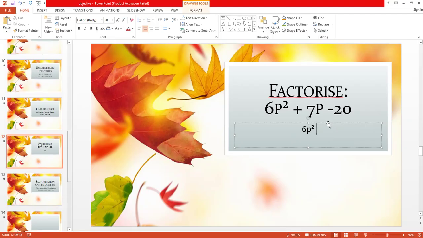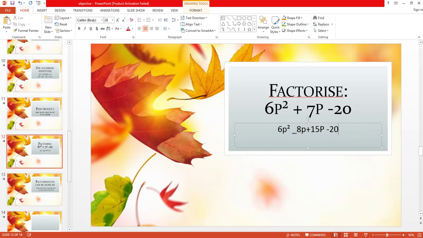So I have to write plus. First, I have to write the smaller one, minus 8p. And then we have to write the greater, that is plus 15p. 15 minus 8 is equal to 7. And next I have minus 20.